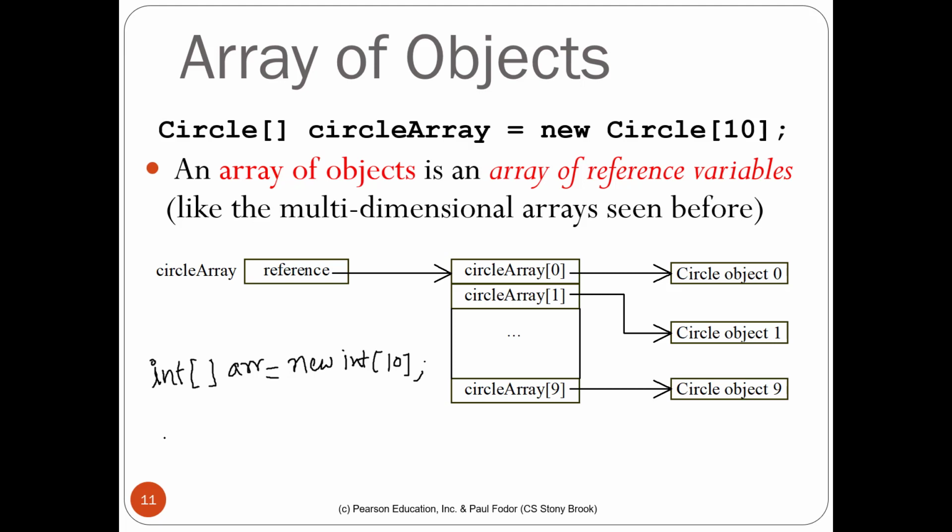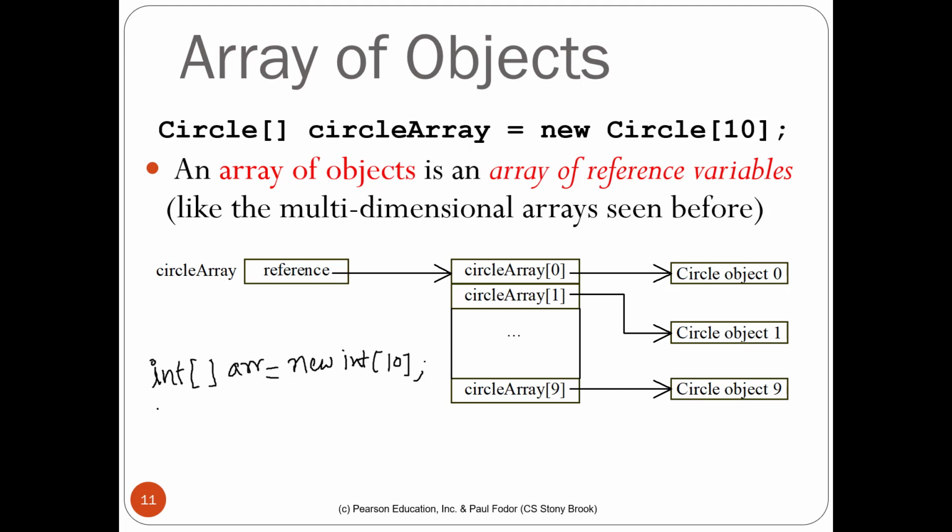And what happened when we did this? Well, we created an array of type int, and with the help of new int and 10, we were able to create an array that was capable of holding 10 integer values. What we need now is to create a circle array.